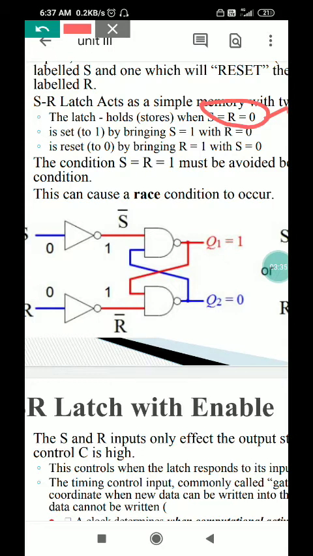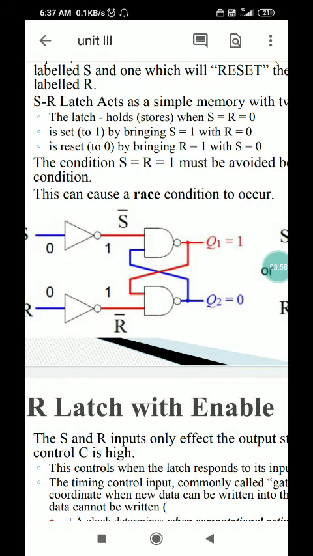In the third case, it will reset if S is 0 and R is 1. S is 0 means it will not set. R is 1 means it will reset. Reset means it will produce 0 in output. So these are three possible conditions.